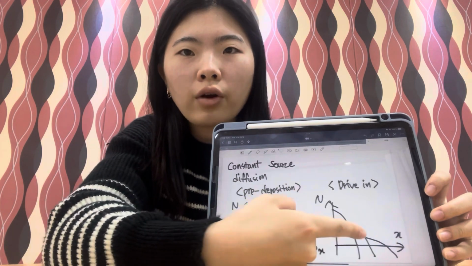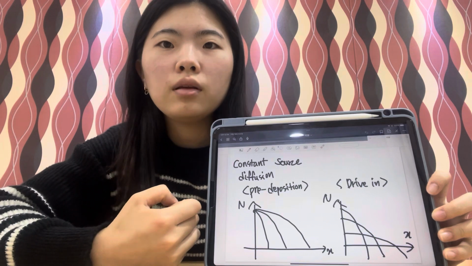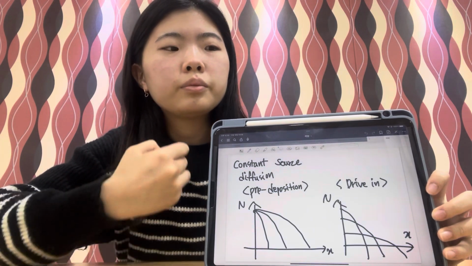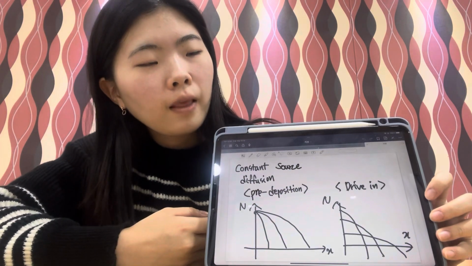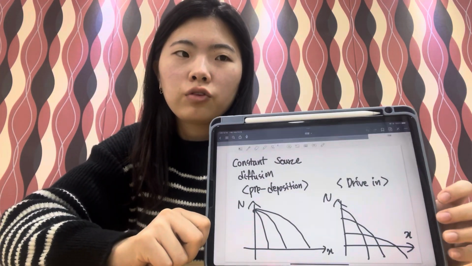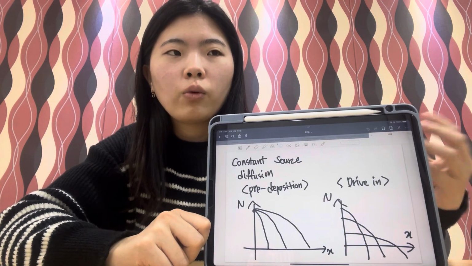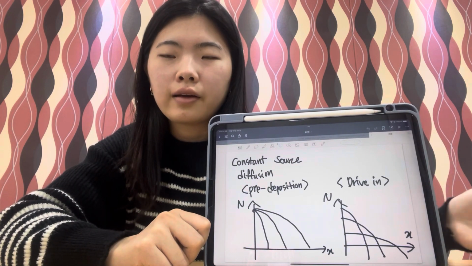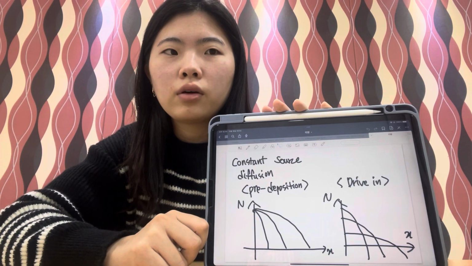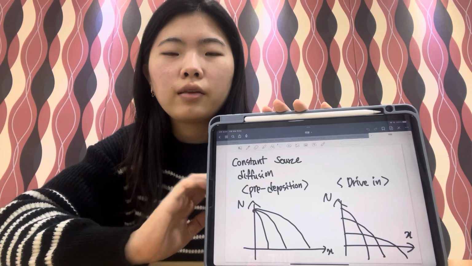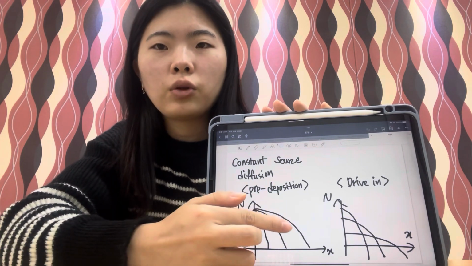Also, when driving, the same situation happens. When we spend more time driving, the diffusion can happen farther. So we can know the relation of time and diffusion from those graphs.